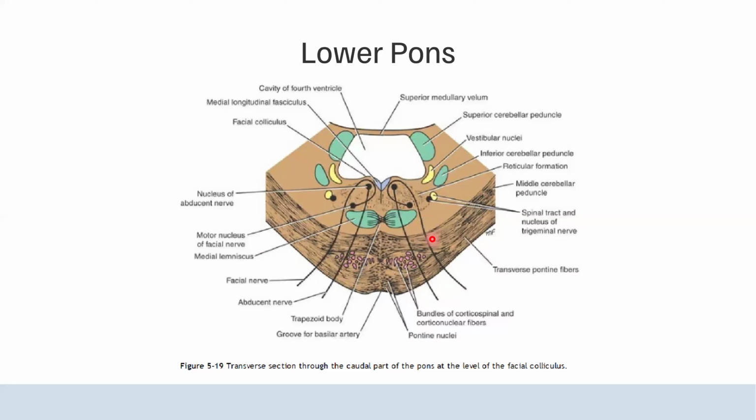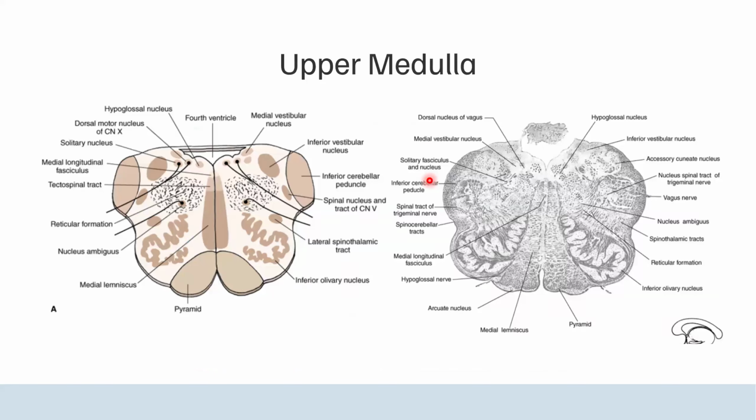So we said that there are 4 cranial nerves within the pons. What are they? 5, 6, 7, and 8. 8 is actually at the medullary pontine junction. And it is because of that that you might be seeing this vestibular nucleus crossing and spanning between the two. So here. Okay?